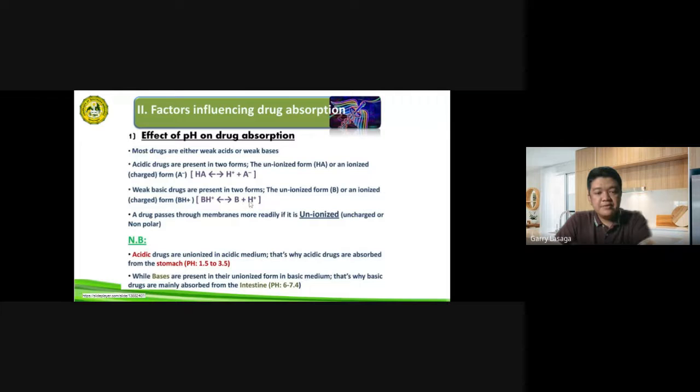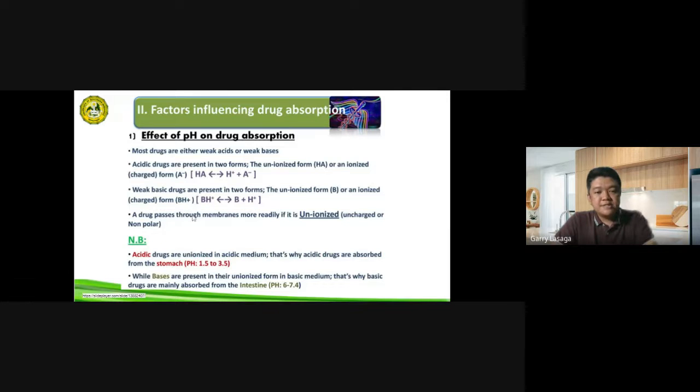So in this diagram, for example, the ionized form BH plus is the form that is protonated, because it contains the hydrogen ions.